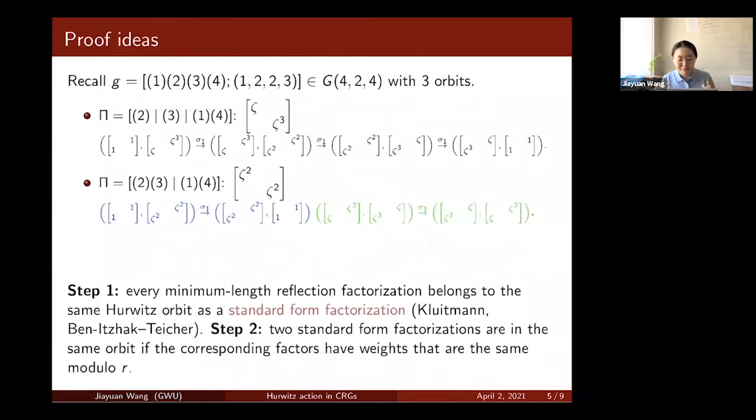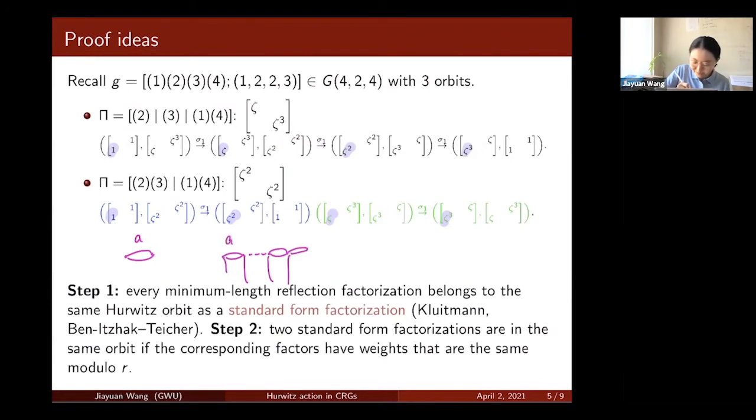And then in the next step, we show when two standard form factorizations are in the same orbit, and that happens exactly when the weights are the same mod R. So in the example, we show that when we just have one pair of parallel edges, we can just take the weight of this bottom left entry of the first factor in each pair of factors. And then generally, when we have multiple pairs of loops, we can also do the same thing.